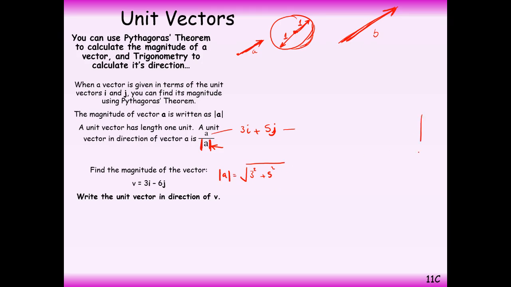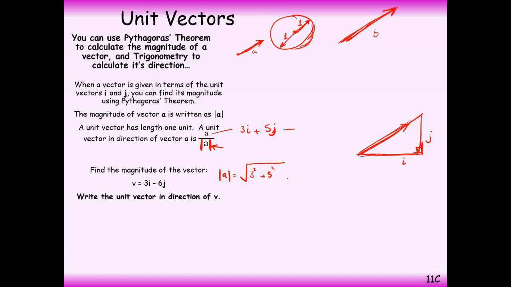Why? Because x and y, or i and j, are always perpendicular to each other. The components of this vector are perpendicular, so you can apply Pythagoras to figure out the magnitude of the vector like so.